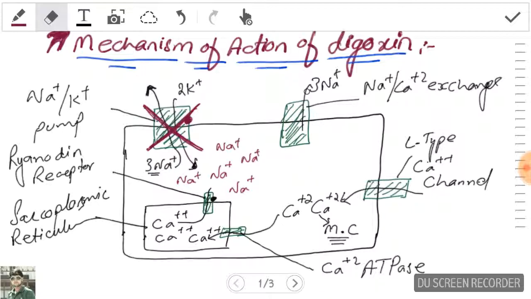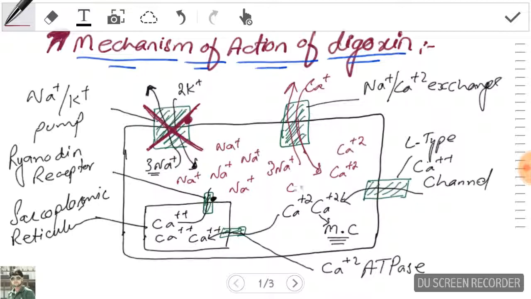Now what it does is take 3 sodium out and 1 calcium into the cell. So calcium increases inside the cell, sodium goes outside and calcium starts accumulating inside.